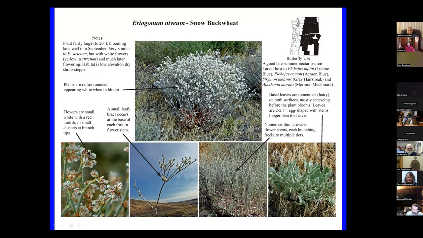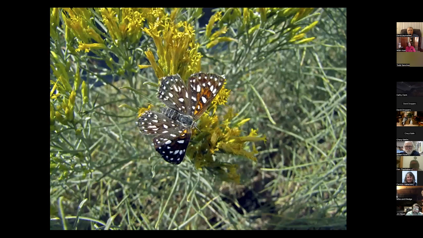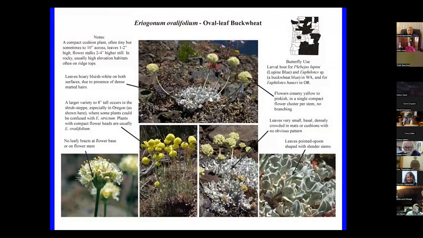Nivium blooms white, and it blooms very late in the season. In fact, I wouldn't be surprised that Nivium is still in bloom right now over by Vantage. We saw them there just a couple of weeks ago. And there's lots of them, so many that it's turning some of the hills white. There's only one variety here. And we know that the Mormon metalmark uses it. We don't know of any other butterflies that use it as their larval host plant.